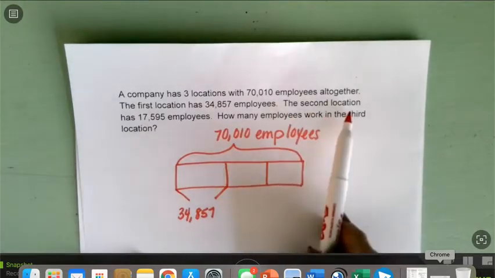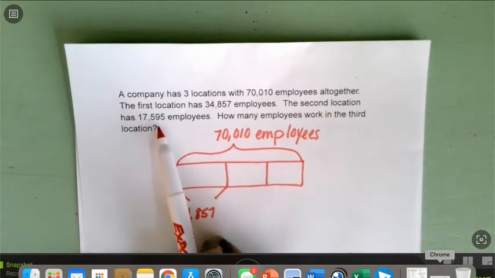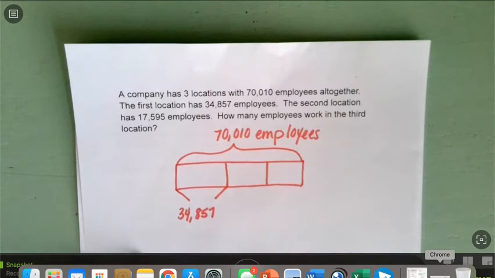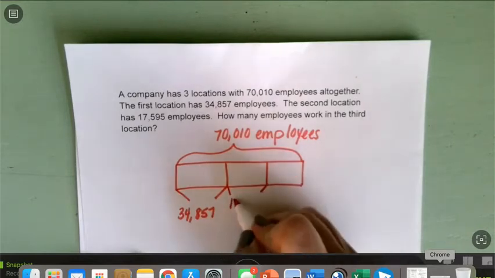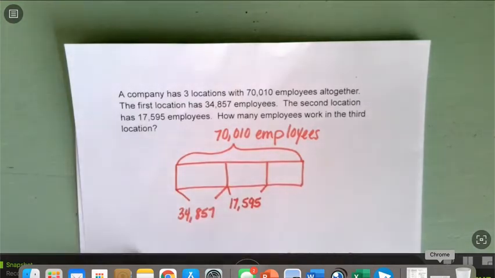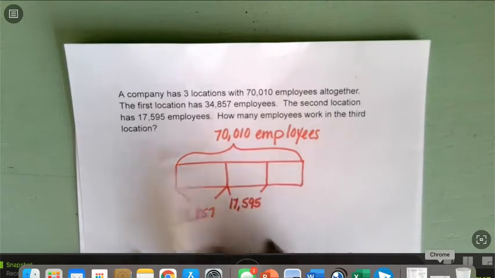The second location has 17,595 employees. Can we add something to our drawing with this new information? Yeah, now we know that the second location has 17,595 employees. The last part says, how many employees work in the third location?